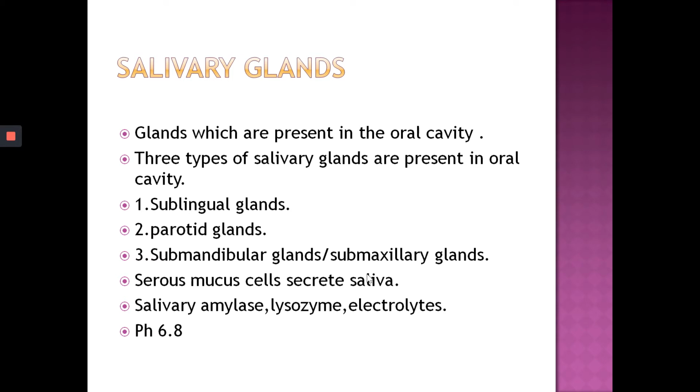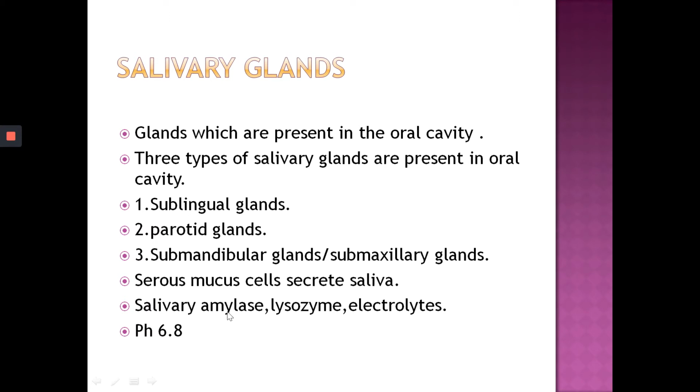So on the sight or smell of food, saliva is secreted in the oral cavity. The major portion of saliva is water, and only one enzyme is present in saliva, that is salivary amylase.